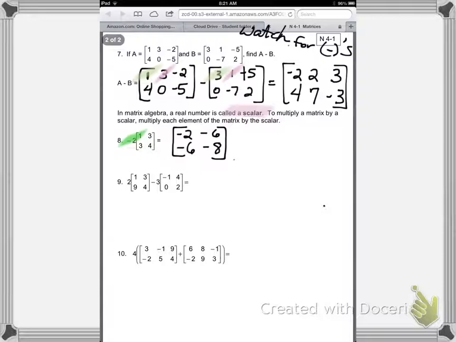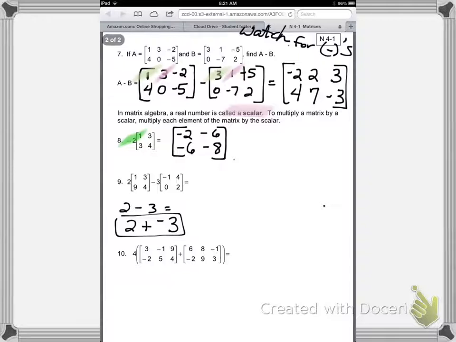The second problem, we've got to multiply two matrices by a scalar and then subtract them. Well, if you remember, if you just had 2 minus 3, you could change that to 2 plus a negative 3, and that would be the same thing. This is what I do when, instead of subtracting, it helps me to avoid making some negative mistakes.